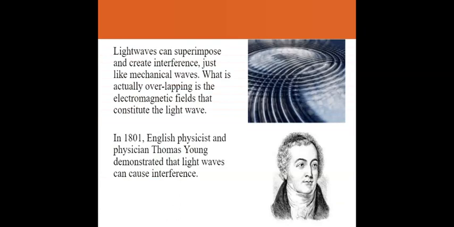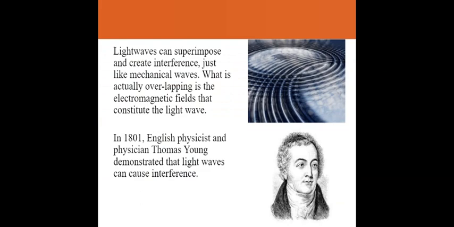So the question is, what is light? Is it a particle? Is it a wave? If it's a wave, then we should expect it to have this interference behavior that mechanical waves do. Now, back in the 18th century, people were still figuring out what light really was.